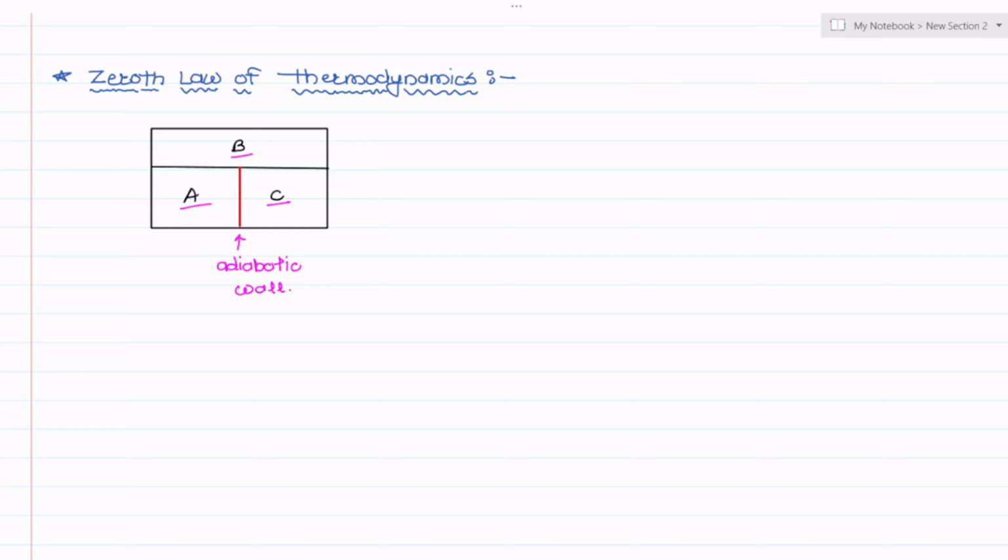Now the zeroth law states that if A and B, and C are in thermal equilibrium, then A and C are also in thermal equilibrium. Okay, we will write the statement for the zeroth law of thermodynamics.